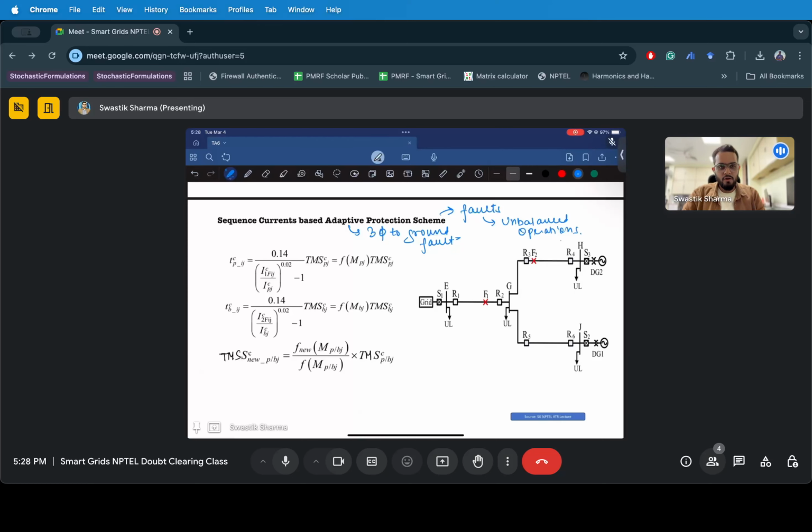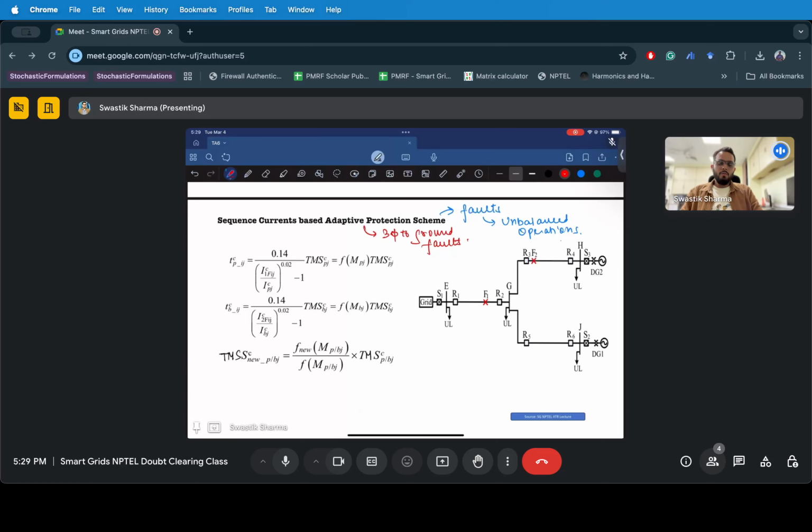This kind of fault is a balanced fault, directly across the three phases to ground, so this may not be applicable to this condition.